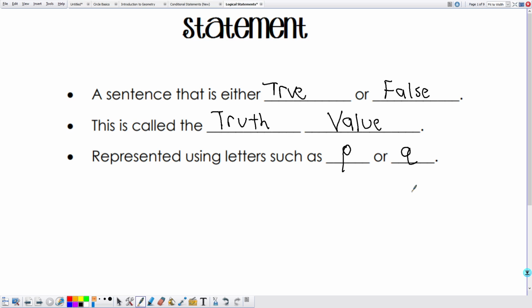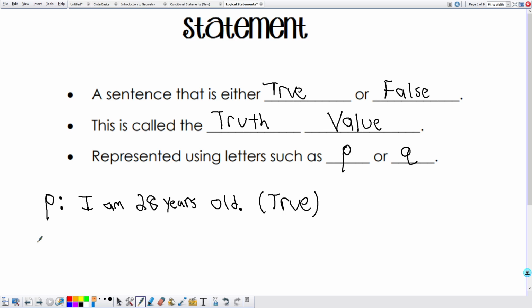So I could have some statement P, and it could be represented by the statement I am 28 years old. And that would be given a truth value of true. So something like that. Hopefully pretty simple starting out.